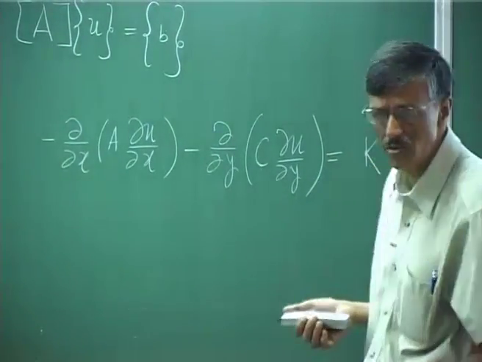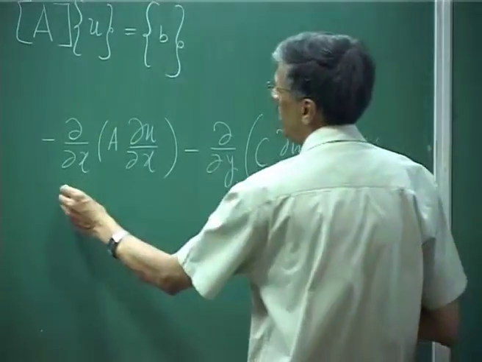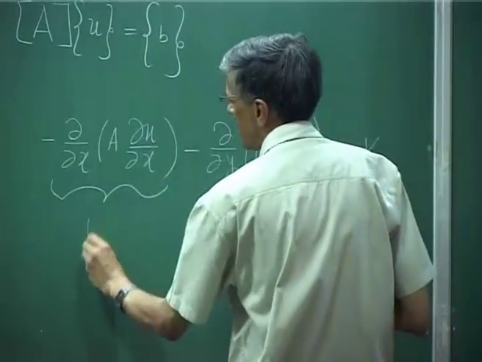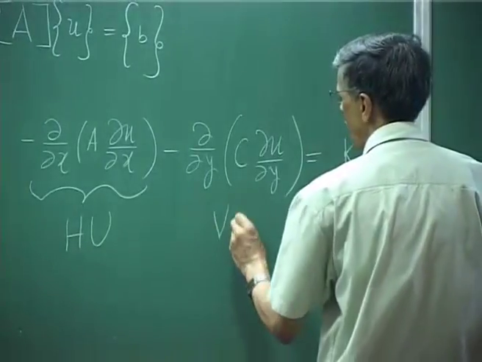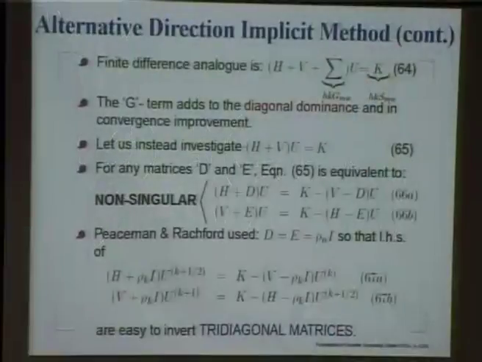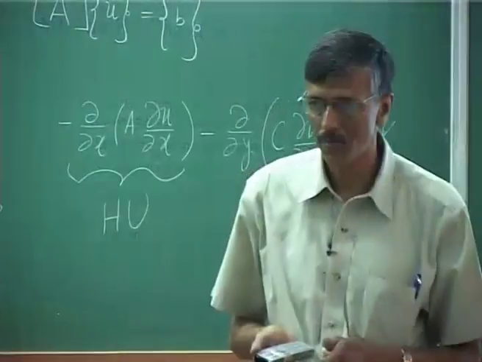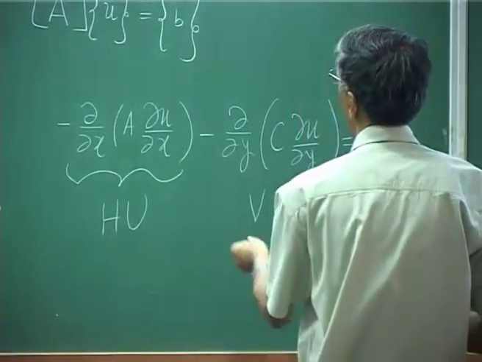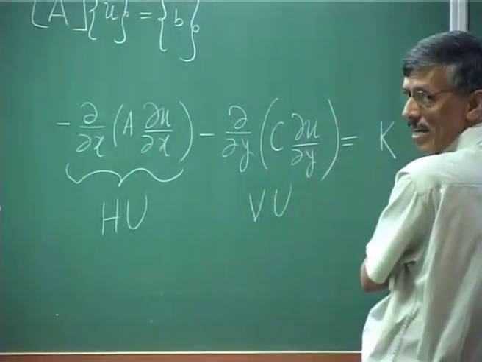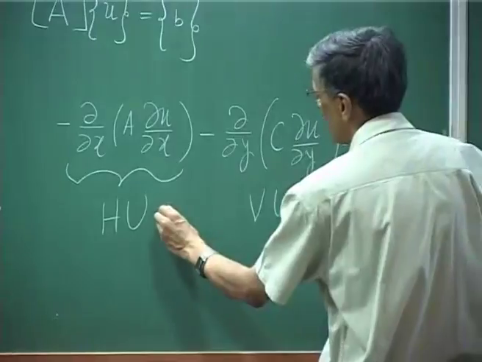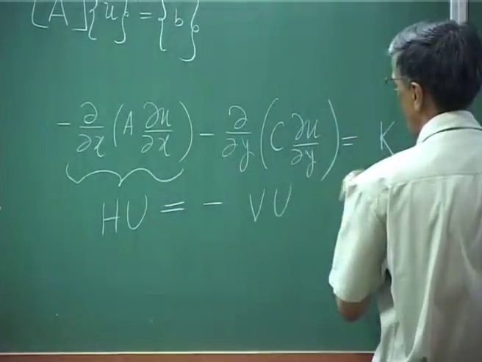See, basically we are looking at this equation now. This is what we are trying to solve, right. So, from here in a discrete form I get H u, and from here we get the discrete form V u, right. So, that is what we have written there. 65 is H plus V u. Now, what I am suggesting to you is to put this term on the right hand side. So, what will happen, then I will get this.